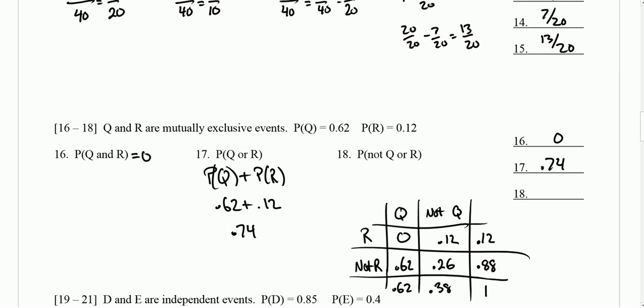Okay, so if I want the probability that's not Q, I'm going to highlight the not Q, so that would be this piece is not Q, or it could be R. So that's what we're looking at, not Q or R. And so we're adding 0 plus 0.12 plus 0.26 and getting 0.38.